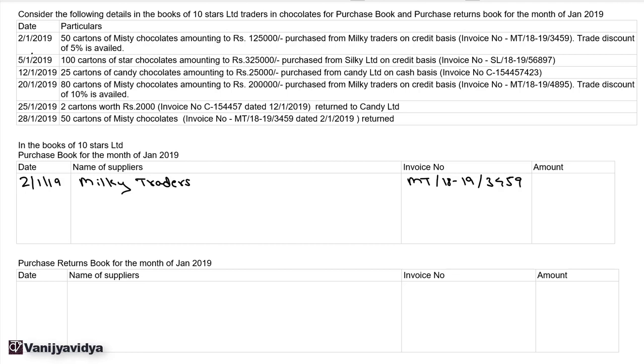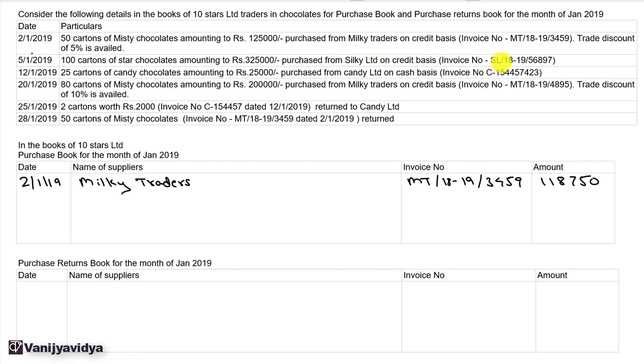What is the total amount in the invoice? 1,25,000 and 5% trade discount is availed. So 1,25,000 minus 5% of 1,25,000. So that is 1,18,750.